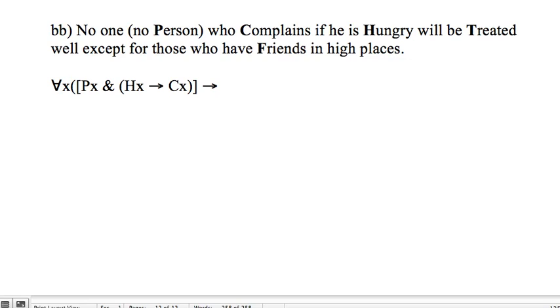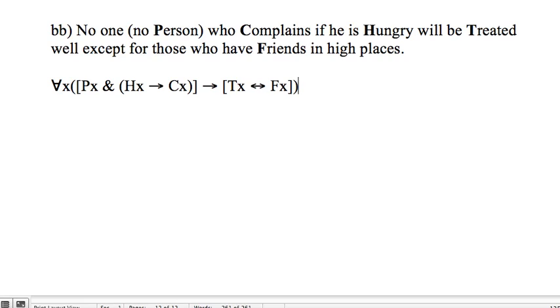What that means, given what we said about except, is that you'll be treated well if and only if you have friends in high places. X will be treated well if and only if X has friends in high places.